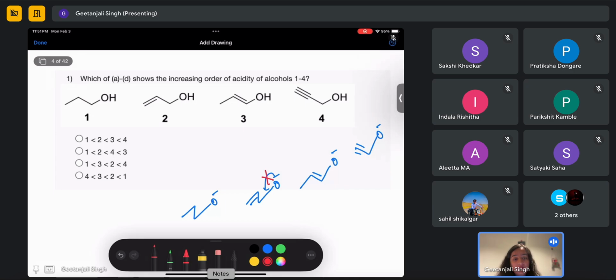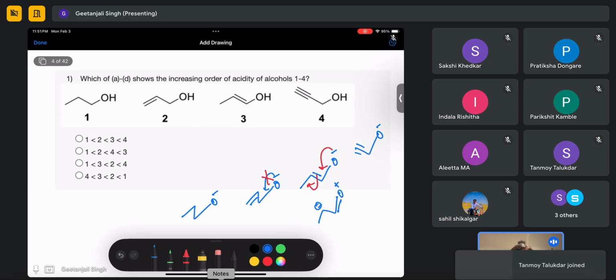So there is no resonance for B. Let's check in 3. What about in the fourth option? Again, there is no conjugation in the fourth as well, so no resonance here. So now we can say that the third one has the highest acidity.